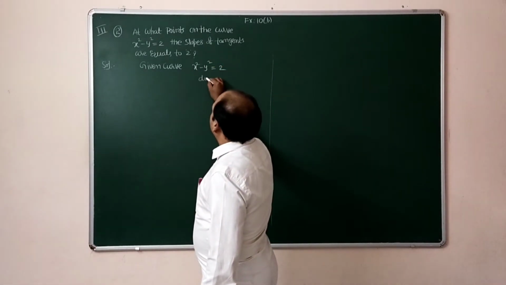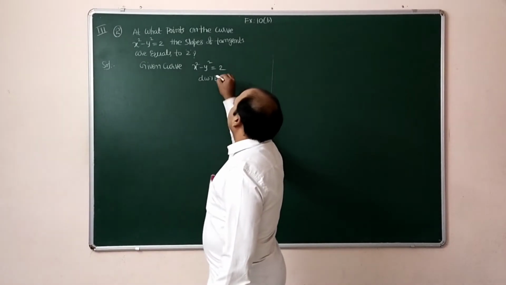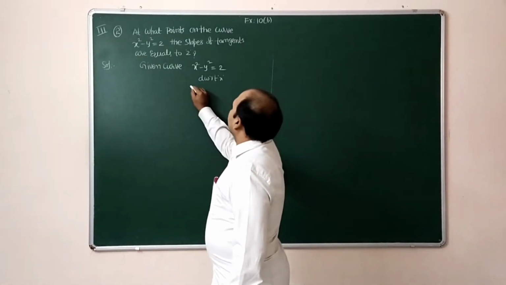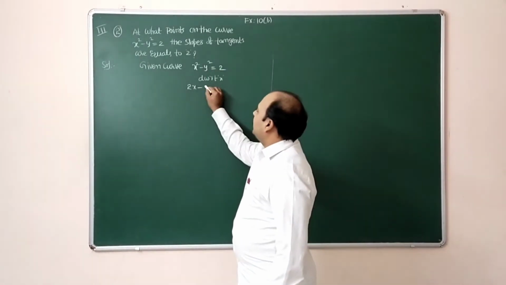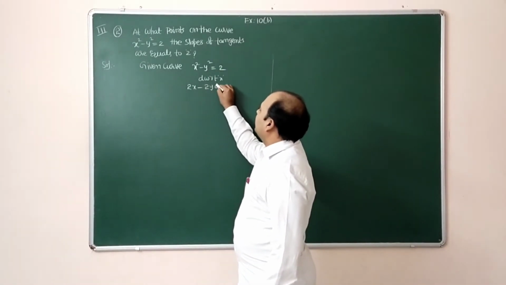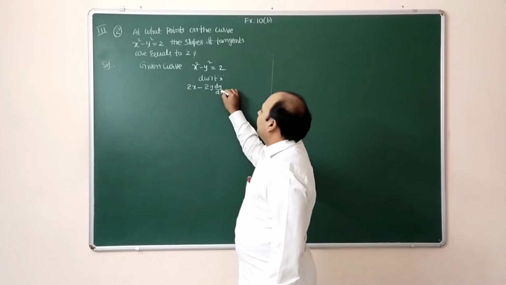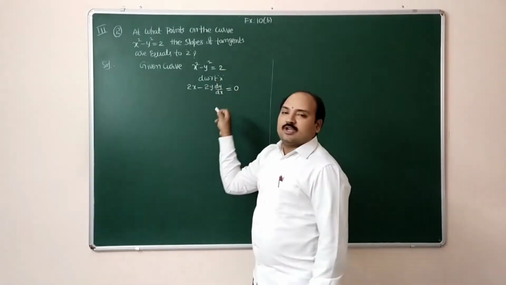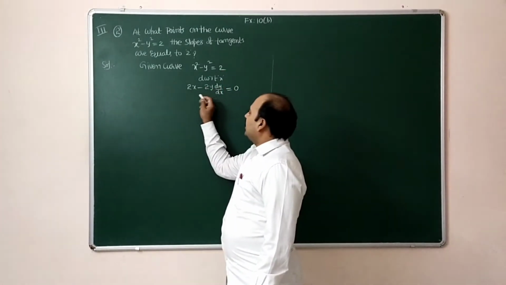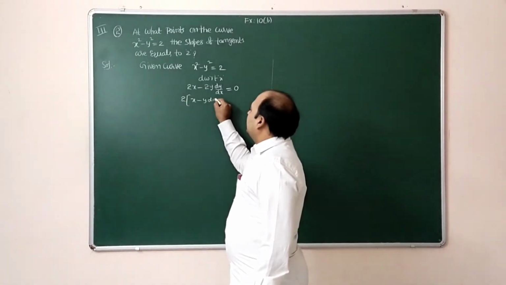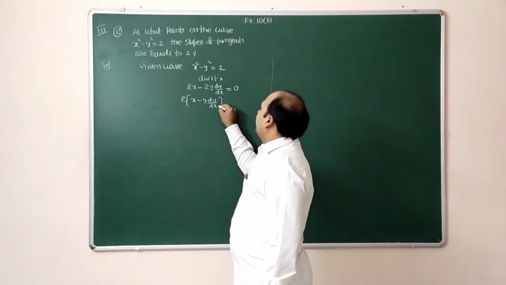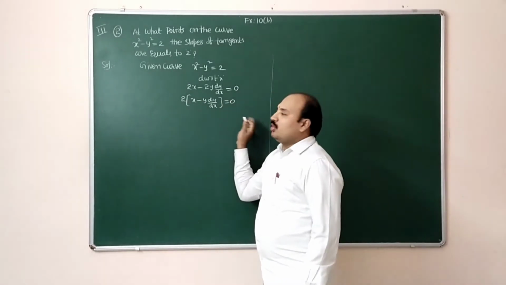Differentiate with respect to x. X square derivative is 2x, minus y square derivative is 2y times dy by dx, equal to the derivative of constant 2, which is 0. So 2 take common, and we can take the RHS side: 0 by 2 is 0.